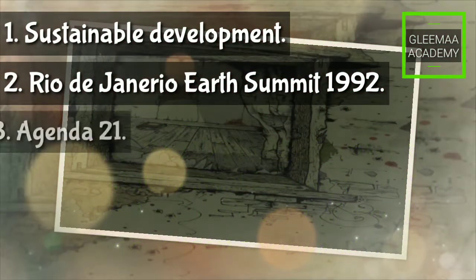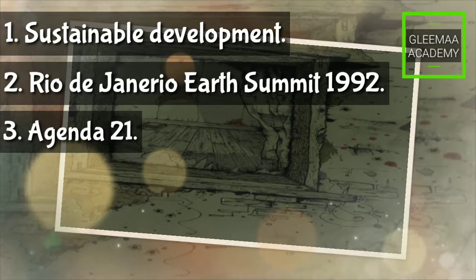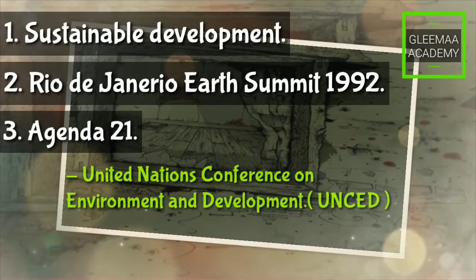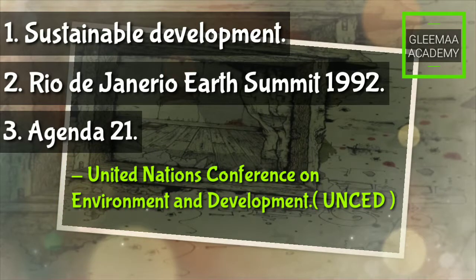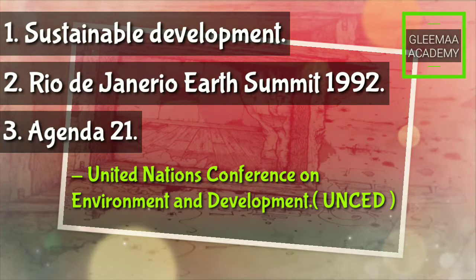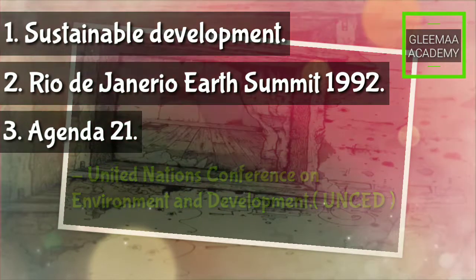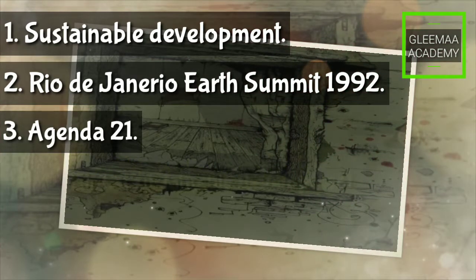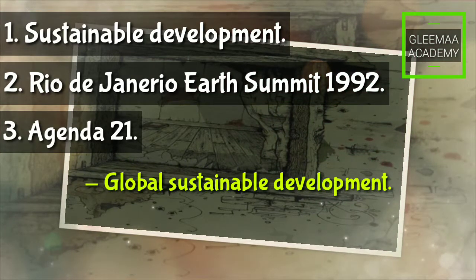Number 3, Agenda 21. It is the declaration signed by world leaders in 1992 at the United Nations Conference on Environment and Development (UNCED), which took place at Rio de Janeiro, Brazil. It aims at achieving global sustainable development.